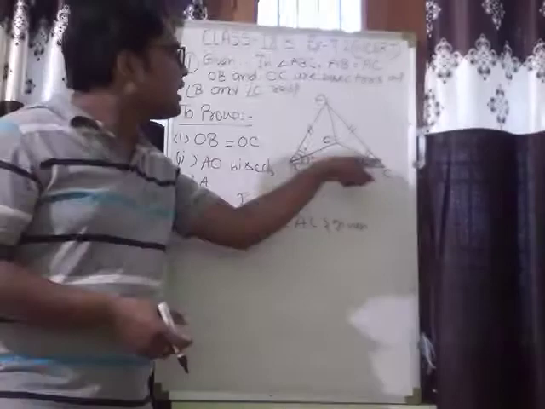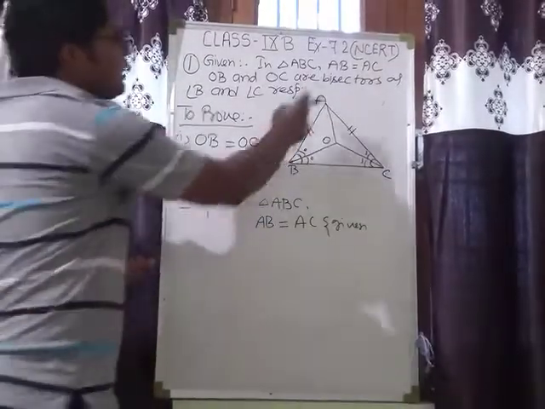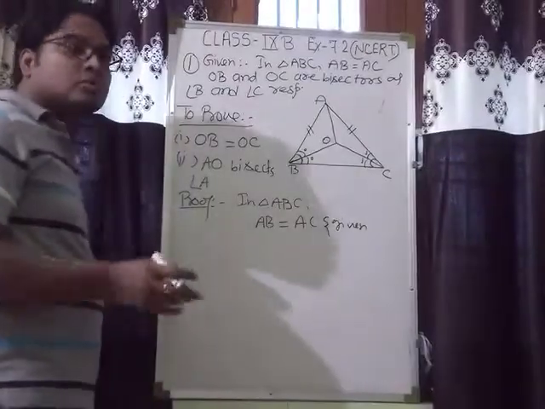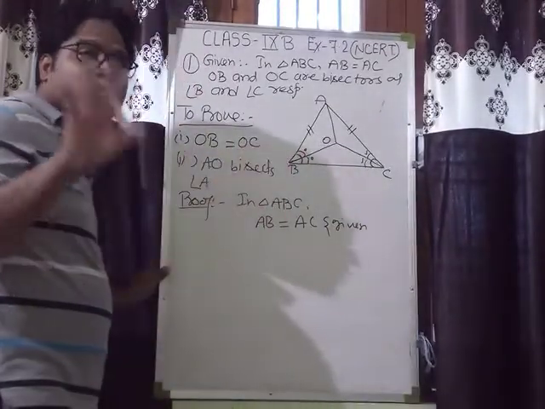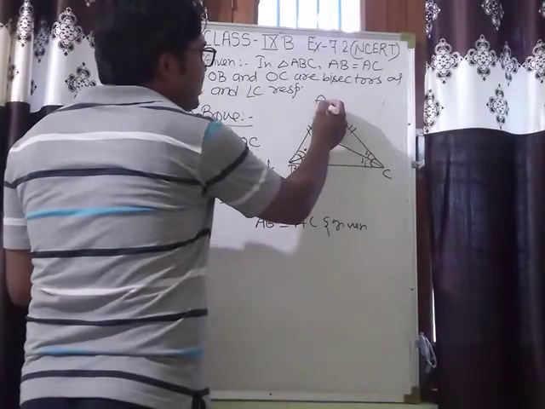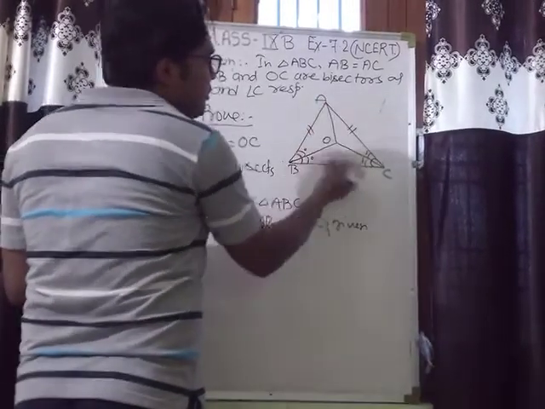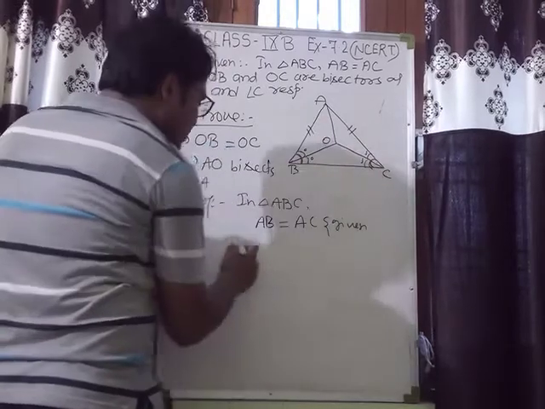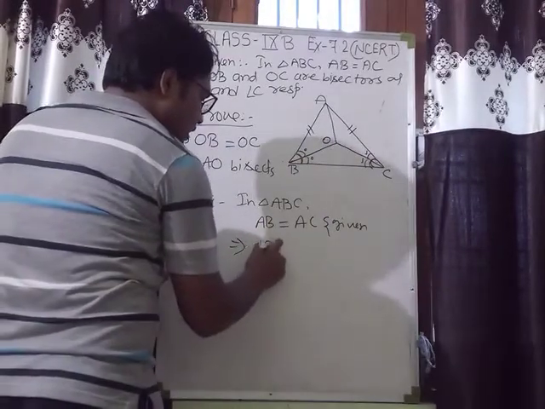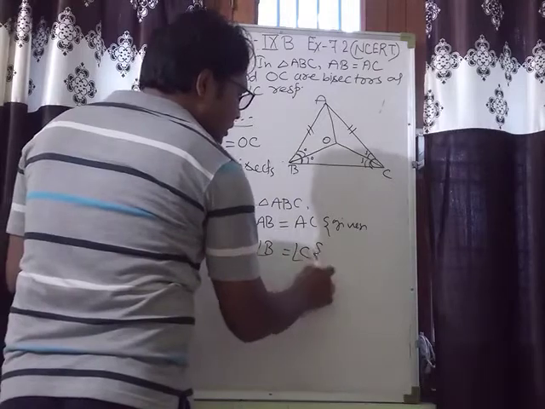Because this triangle is an isosceles triangle in which AB and AC are equal, by using that theorem, their opposite angles must be equal. Means the angle opposite to AB, that is angle C, and the angle opposite to AC, that is angle B, will be equal to each other. Clearly angle B will be equal to angle C.